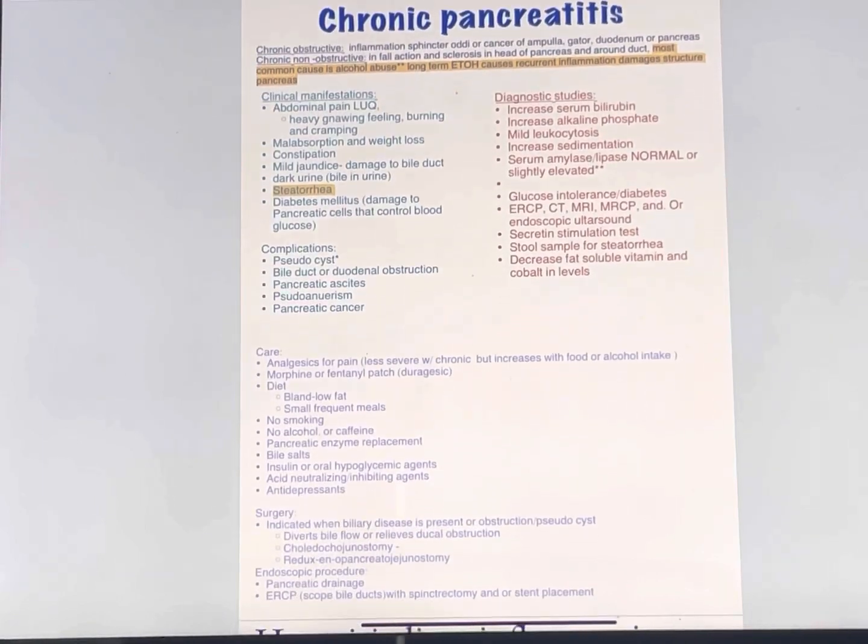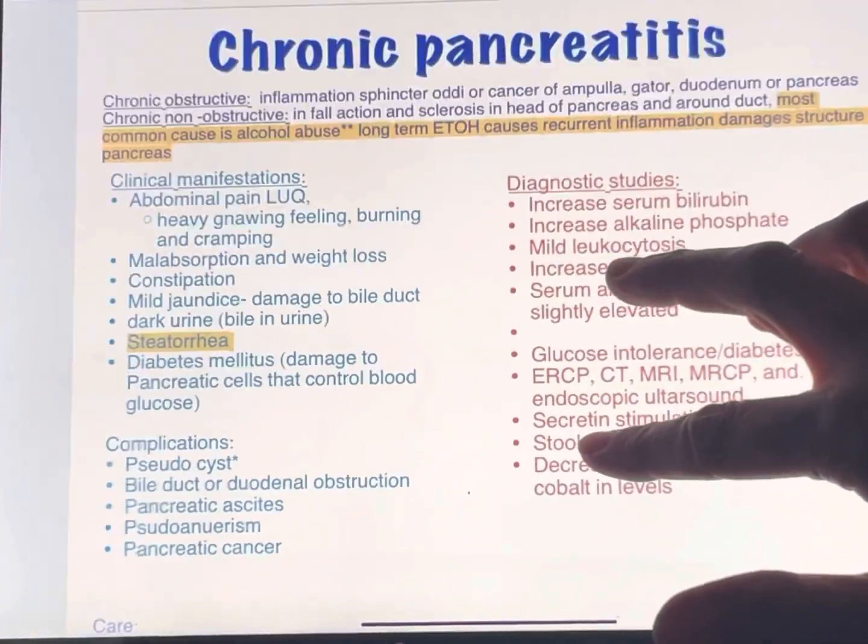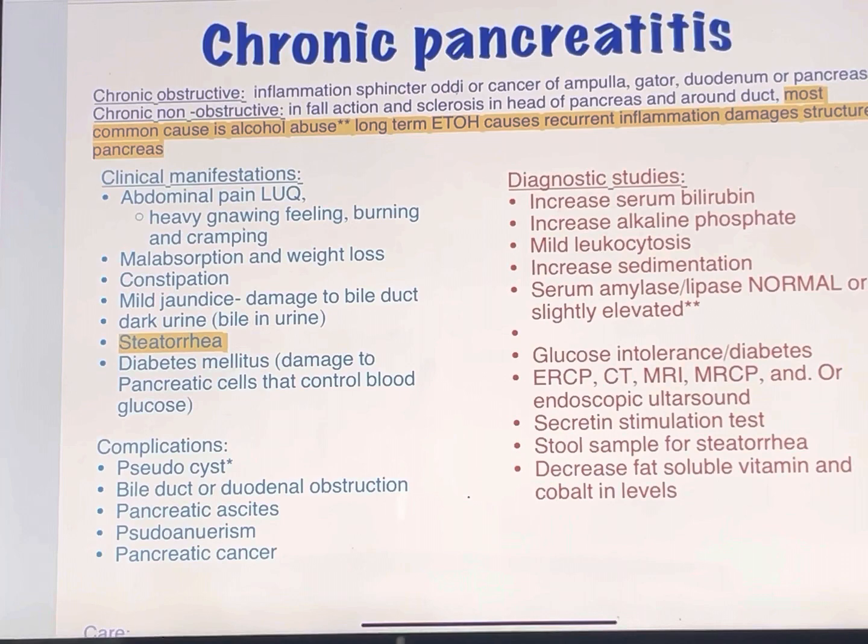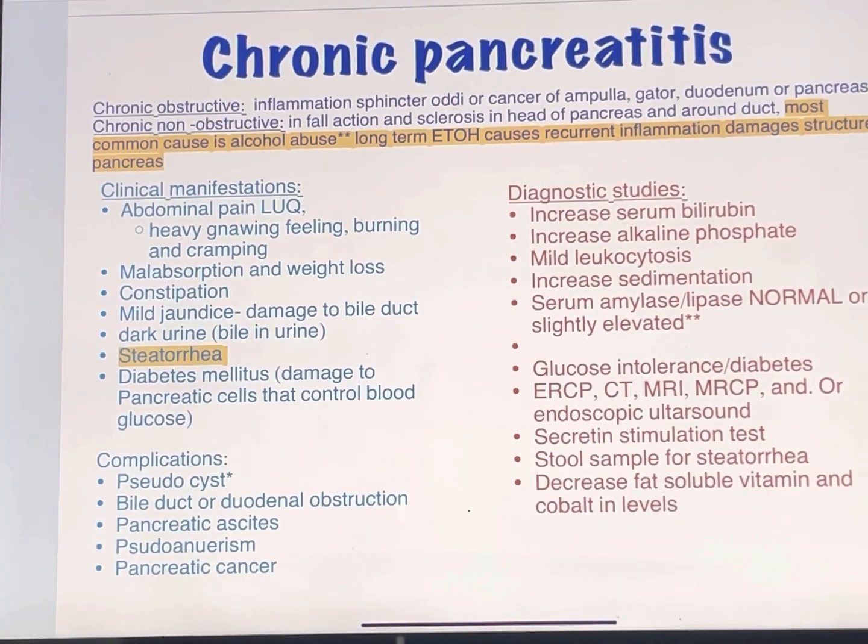Chronic pancreatitis is a chronic inflammation of the pancreas, which is typically caused by long-term alcohol abuse. Long-term alcohol use causes recurring inflammation and damage to the structure of the pancreas, whereas in acute pancreatitis, there's actually not a change in the structure, just a temporary change in function.